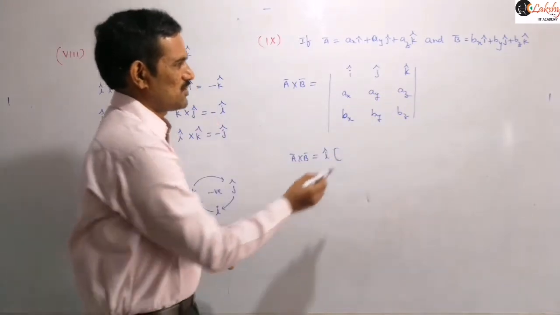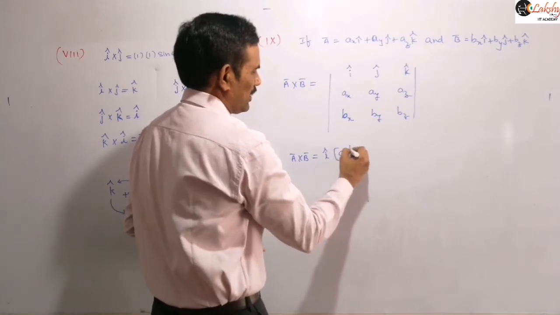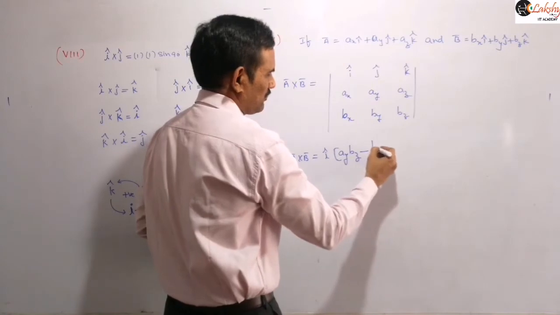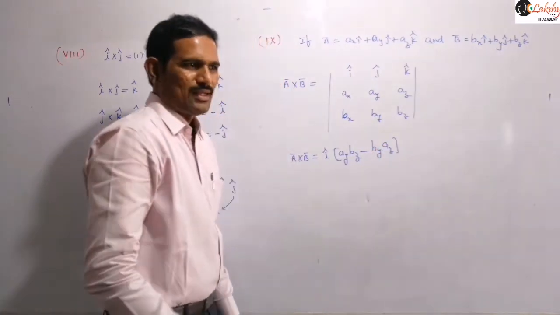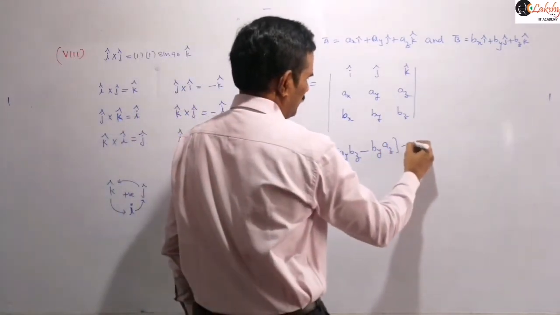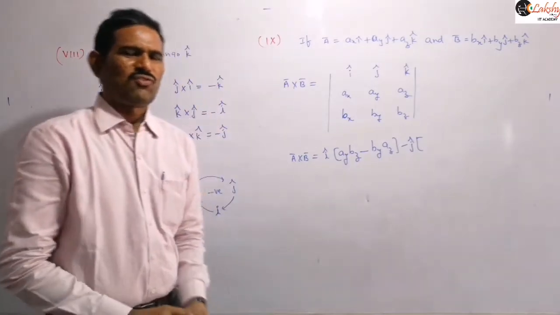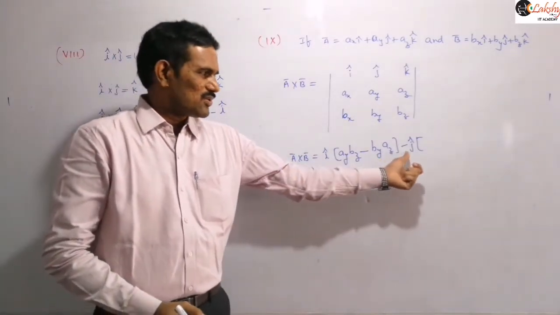That means we multiply these two terms, so that is ay into bz, minus, the next two terms, by into az. Next, minus: for j cap you always need to write that negative sign. Finally it may be positive or negative, that depends on the numericals, but while writing you need to take that negative sign.